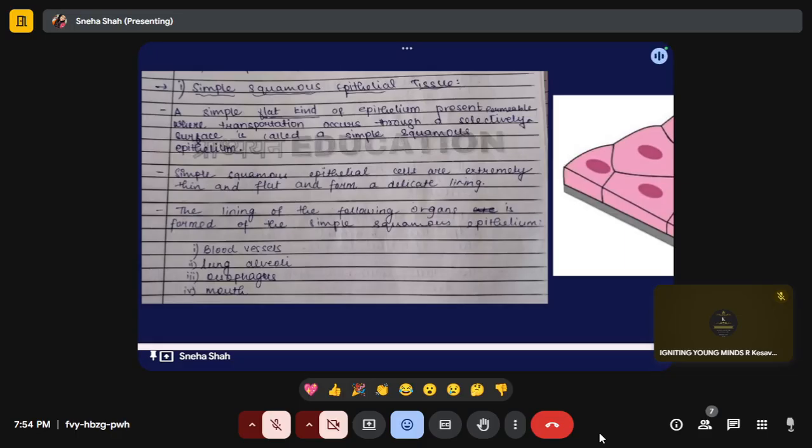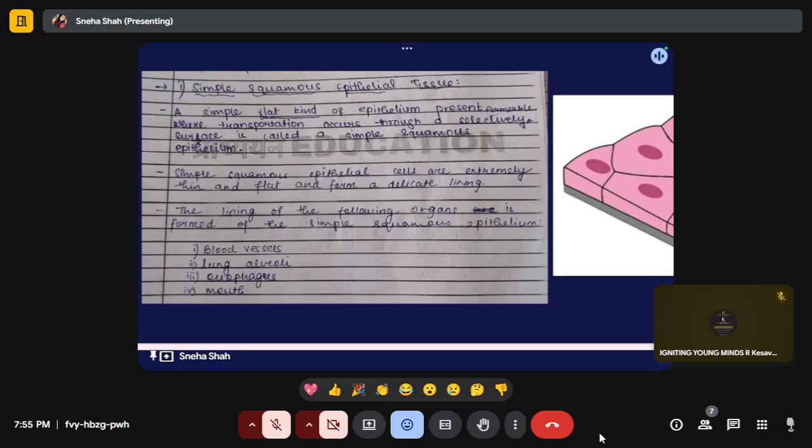It is still in whole form, not completely pasty. When you swallow something whole, it has to pass easily. For that easy passage of food particles, the esophagus has to have a very thin layer.